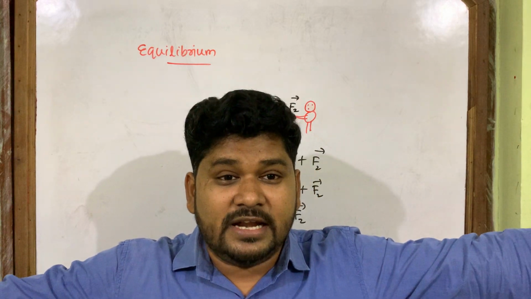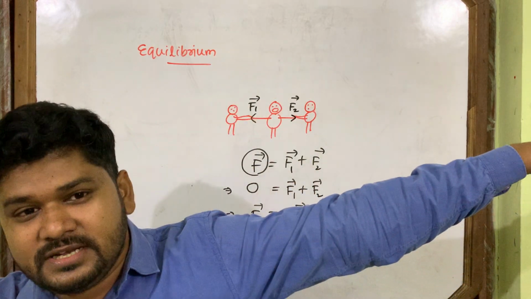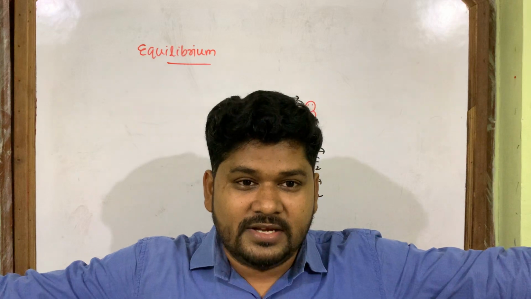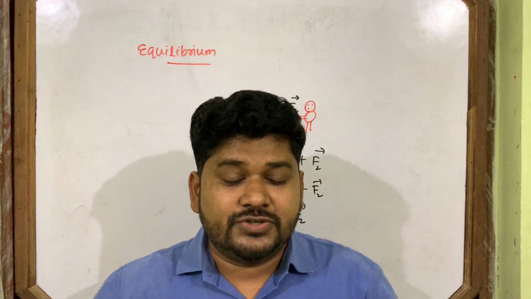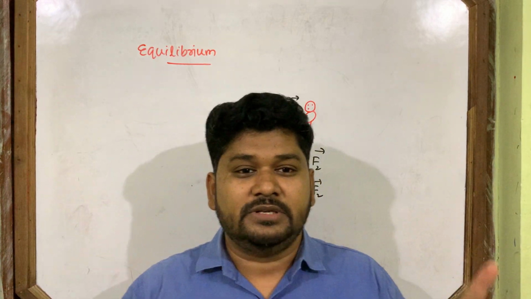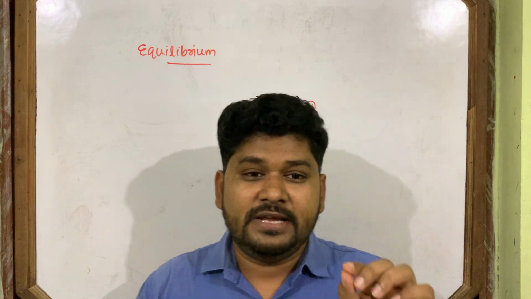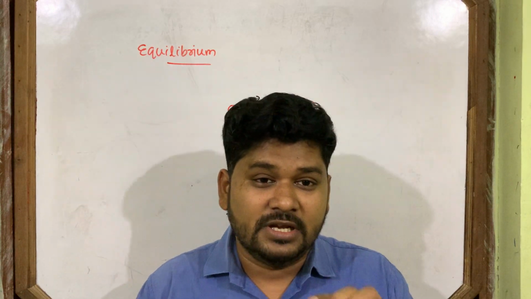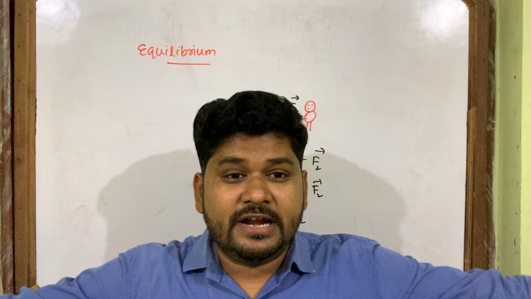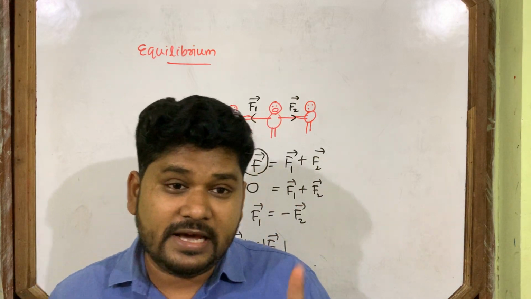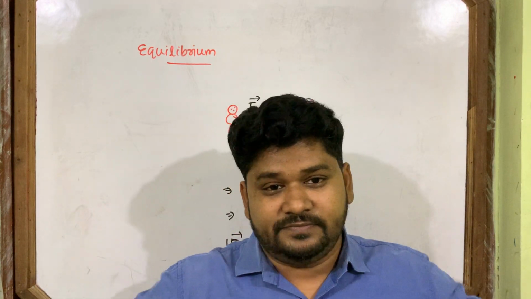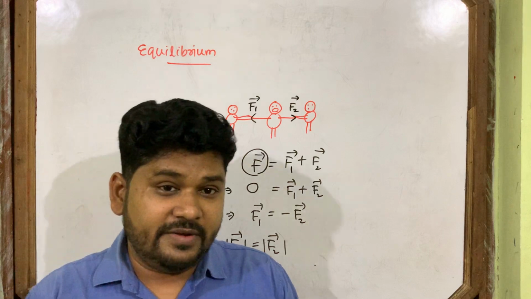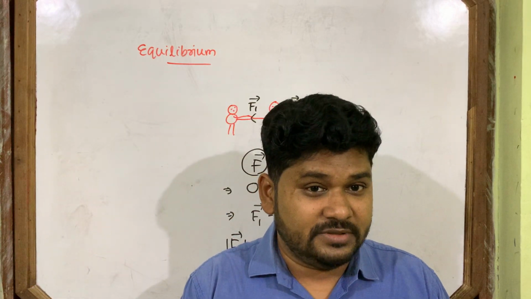If F2 is greater, I will go to that side. So if they are of unequal magnitude, equilibrium is not possible. Only when they are equal in magnitude do they cancel each other.